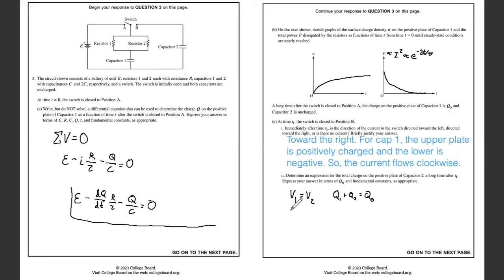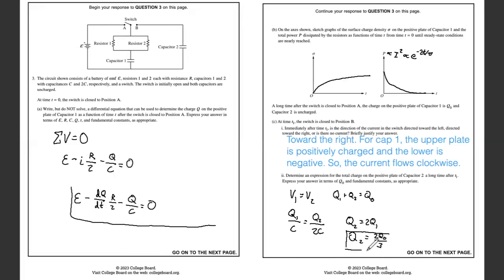So knowing that the voltage of a capacitor is equal to charge divided by capacitance, we get Q1 over C has to equal Q2 over 2C, which is the capacitance of capacitor 2. Therefore, it implies that Q2 has to equal 2Q1. So therefore, Q2 has to equal 2Q0 over 3, leaving Q1 as just Q0 over 3.